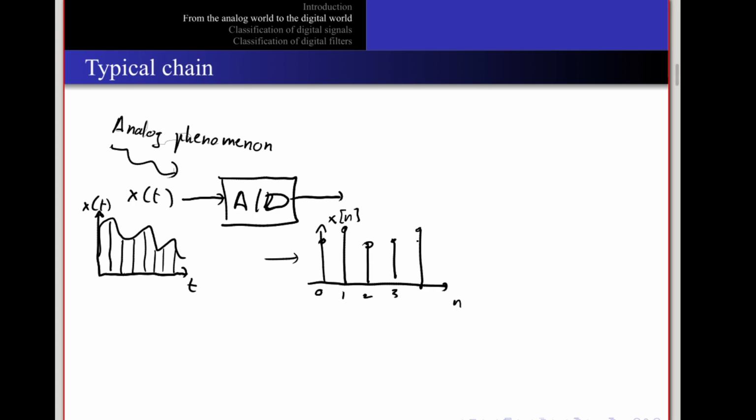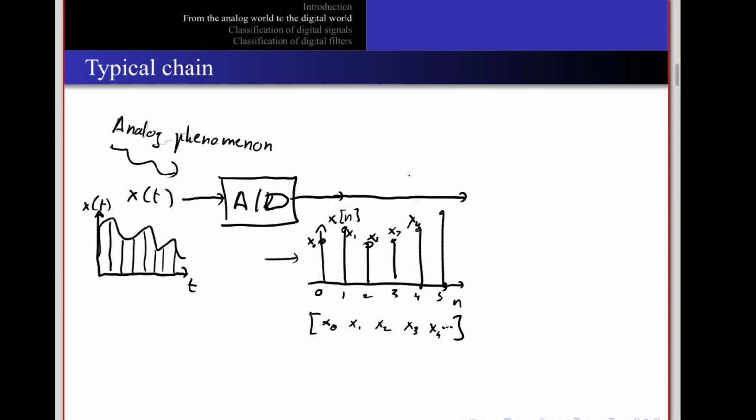Considering that the time scale is normalized, this is not exactly a sampled version of x(t), but it includes inside an array all the values one after the other, etc. And this part is a digital signal.